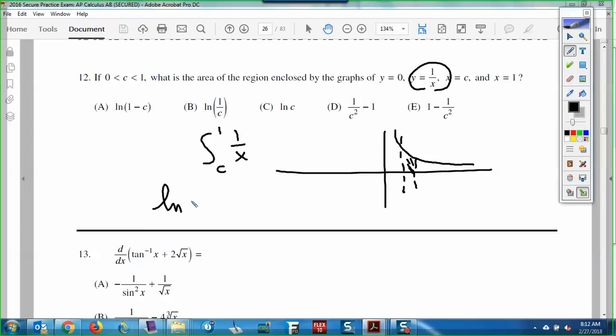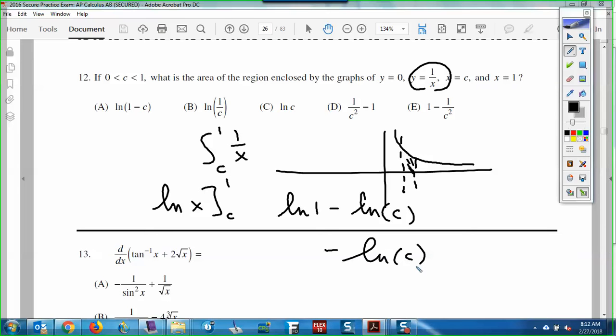So that would be ln x from c to 1, so ln 1 minus ln c. What's ln 1? 0. I've talked about this again. So it looks like it'd be that, but which one of those is the answer?